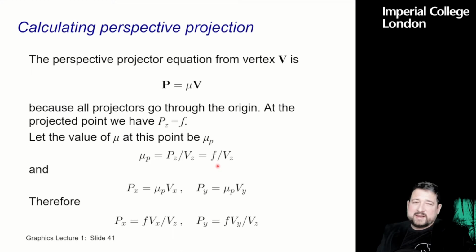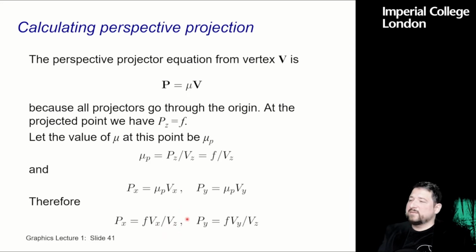But that scaling factor now not only affects z here, it also affects our x and y coordinates. We simply scale with the same mu here, v x and v y, and can work out that my new projected p x should be, if I plug these things in, f times v x over v z, depending on how far I'm away from that plane.